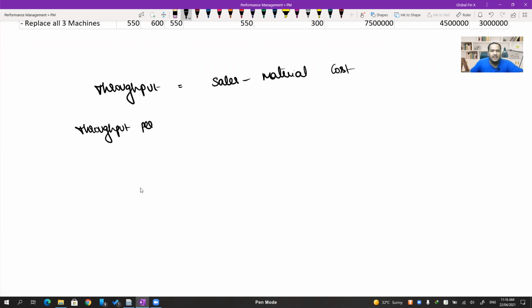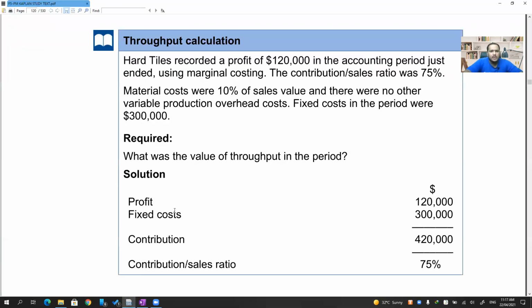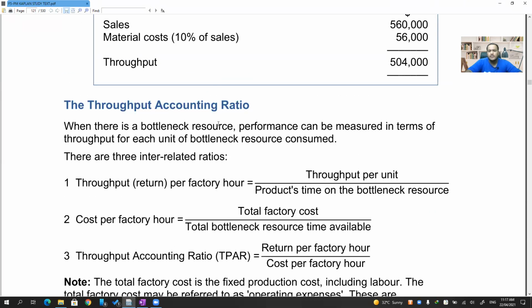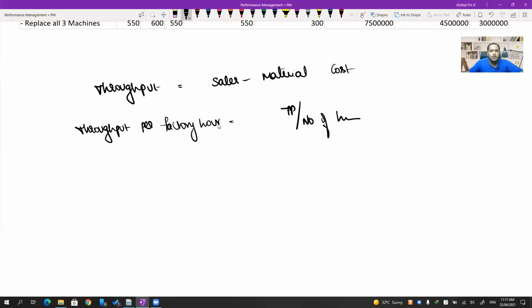Throughput per factory hour is throughput divided by number of hours. Then factory cost per factory hour is total factory costs divided by number of hours.